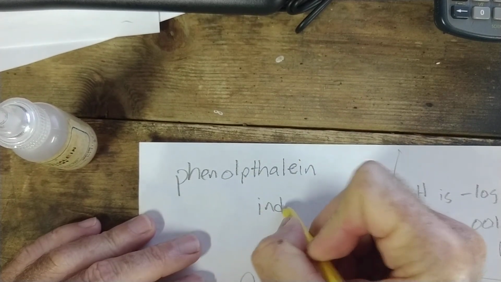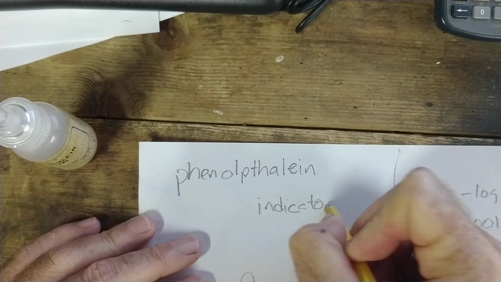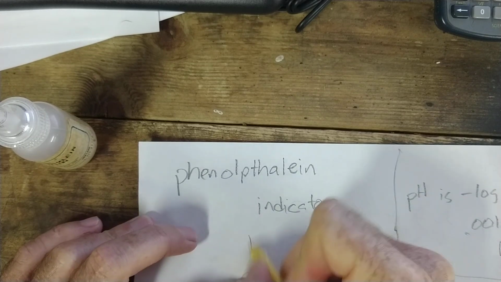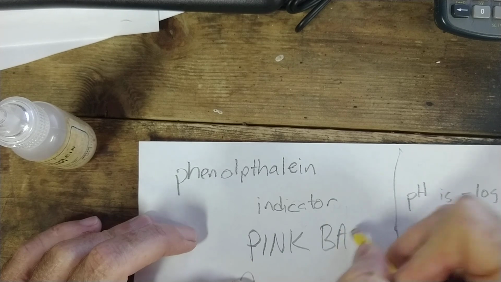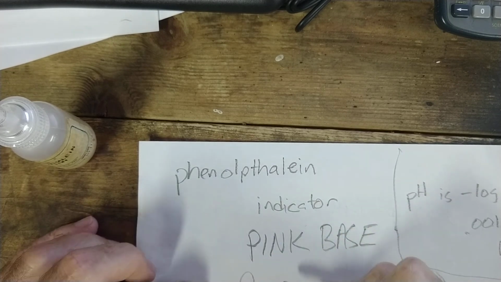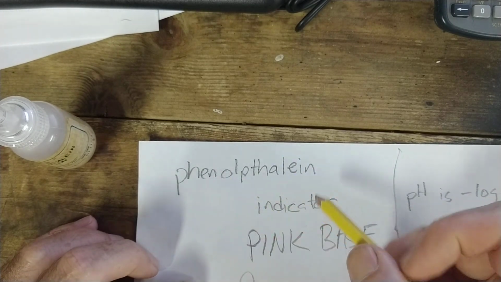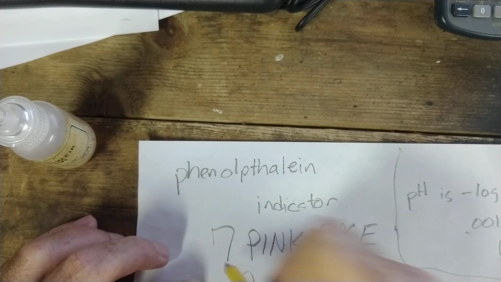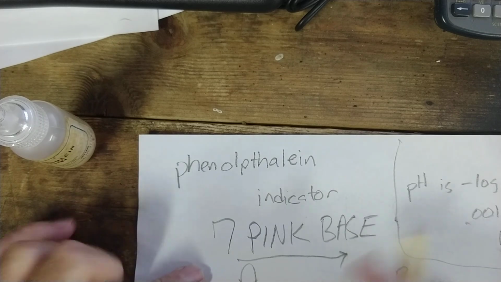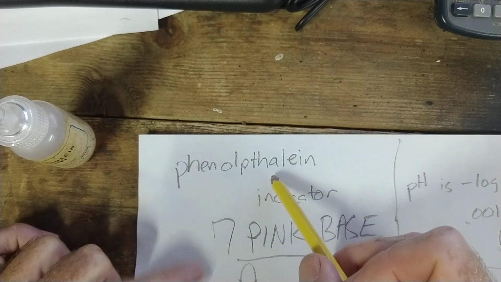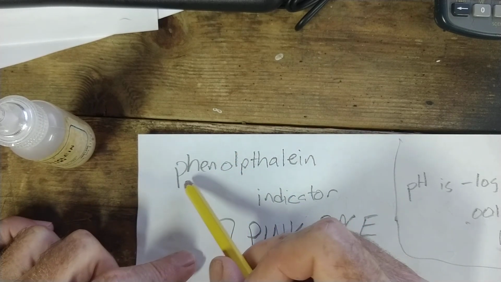Phenolphthalein is an indicator, and it turns pink in a base, and it's clear in an acid. So phenolphthalein, when it gets above the number 7, it turns pink. Isn't that neat?